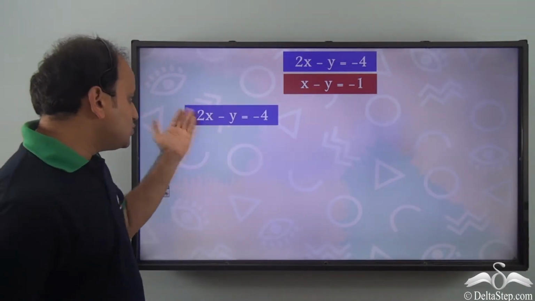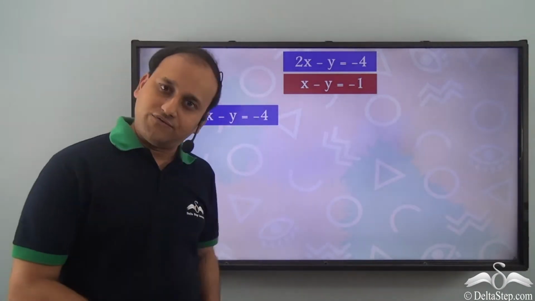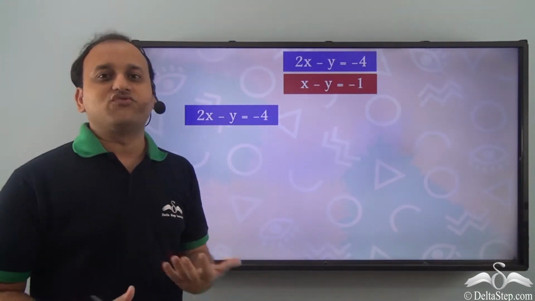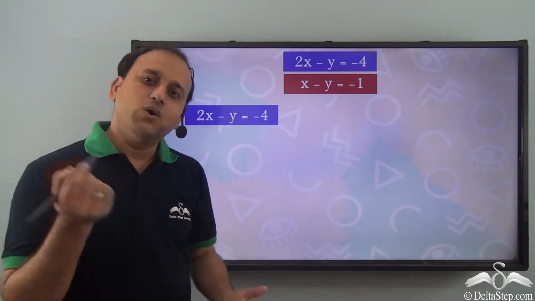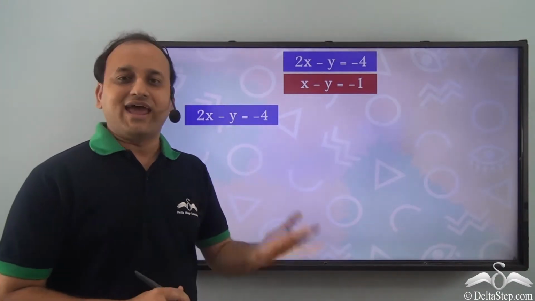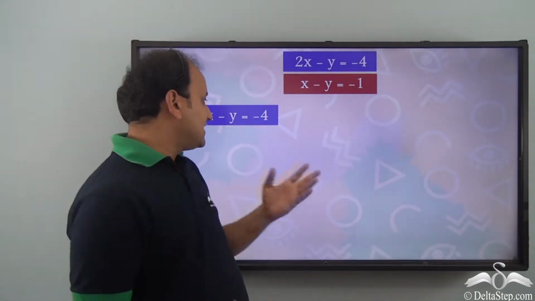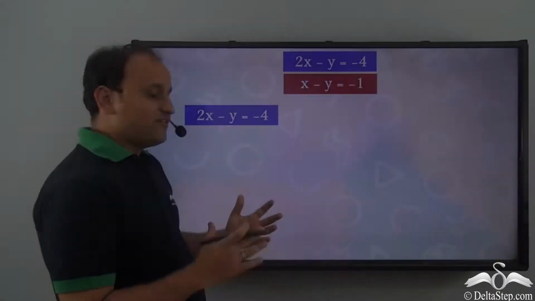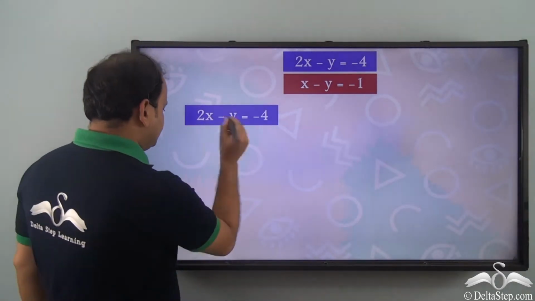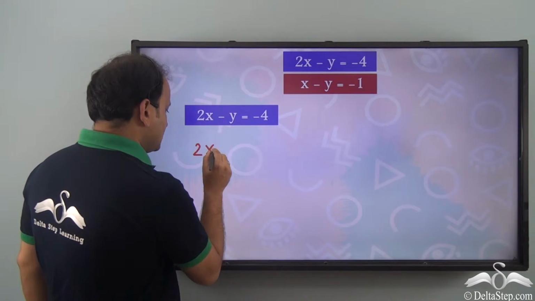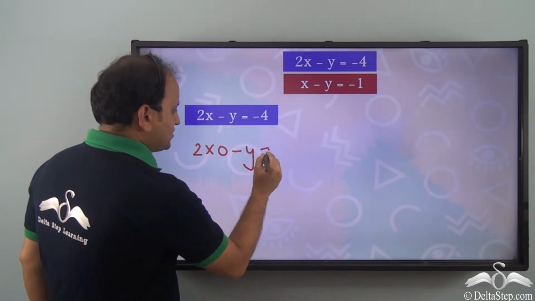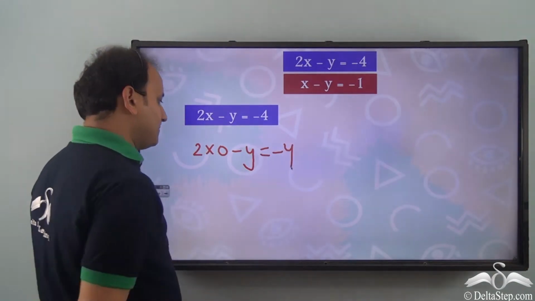So let's consider 2x minus y equal to minus 4 first. So we know that the easiest way to do it is to find the x-intercept and y-intercept. For that, we'll have to take x as 0 once and then y as 0 once. So let's start with x as 0. Now if we take x as 0, then this equation becomes 2 into 0 minus y is equal to minus 4.